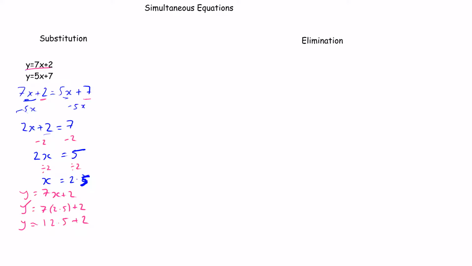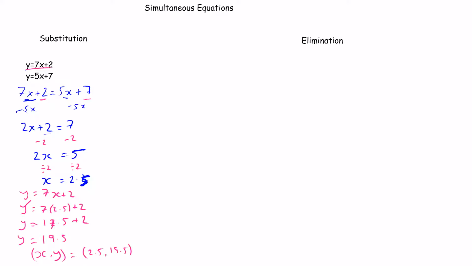Sorry, 17.5, not 12.5. It should be 17.5 plus 2, so that makes y into 19.5. We can now say that in coordinate form, x is 2.5 and y is 19.5.